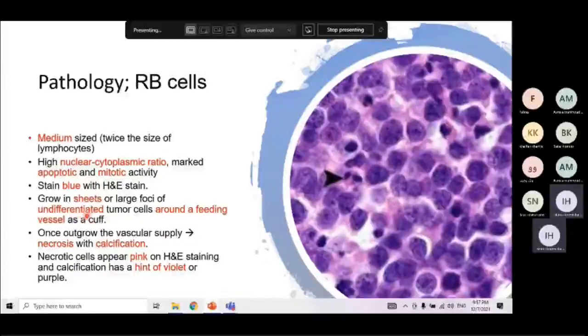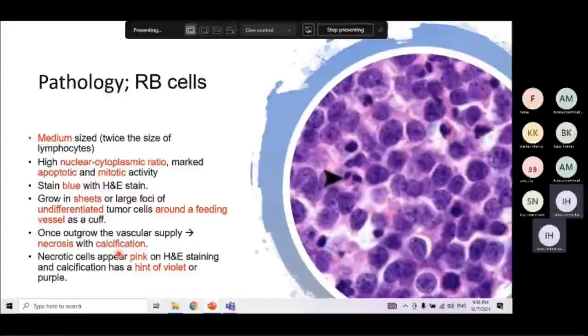Usually they grow as sheets of cells surrounding a feeding vessel. One of the important features is calcification, and the calcification happens because when the cells outgrow the vascular supply, they undergo necrosis, and we find calcification.